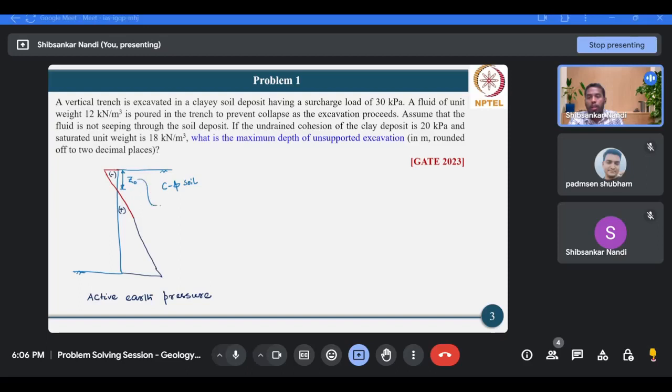Okay, so this is the tension crack depth, and we have determined the analytical expression for this tension crack depth, how we can evaluate it if we know the shear strength parameters of the soil and the unit weight of the soil. That also we have done in the last class.